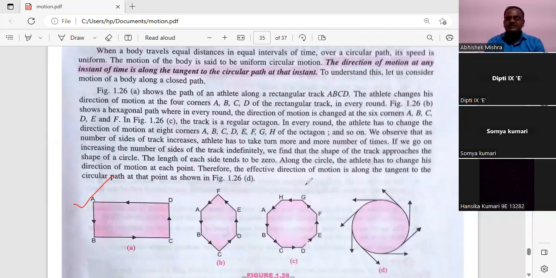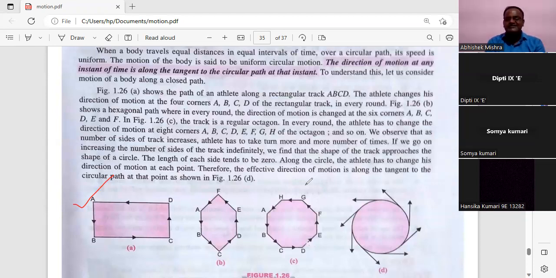If we go on increasing the number of sides indefinitely, we will get the shape of a circle. First four corners, then 6, then 8, then 10, and ultimately the shape is nearly a circle.